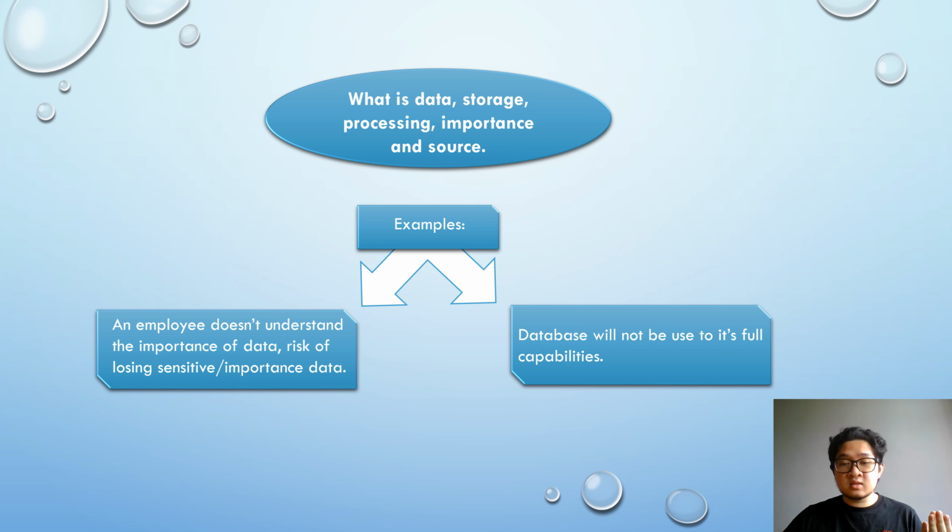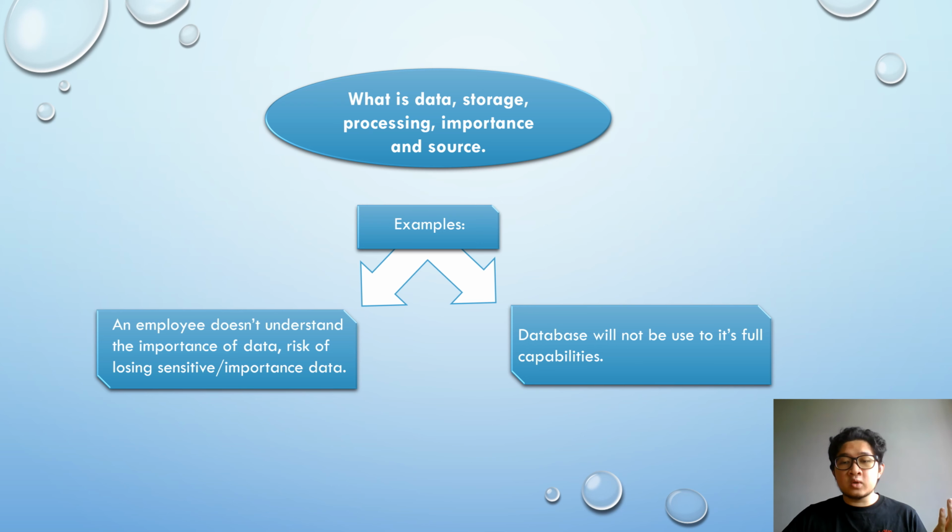then the processing, how much cost, how much time it will take, and the importance of the data itself, how important the data is, whether it is sensitive data, common data, or uncommon data, and last but not least, the source where the data came from, whether it is safe or not safe, and so on.